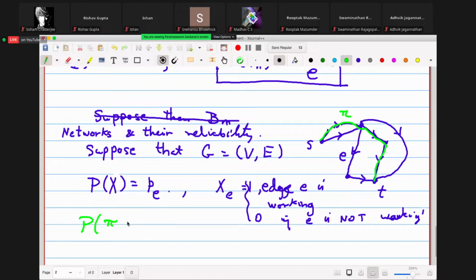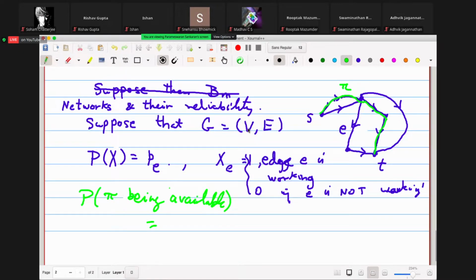It is, of course, the product of all these probabilities P of E, where P of E is the weight.